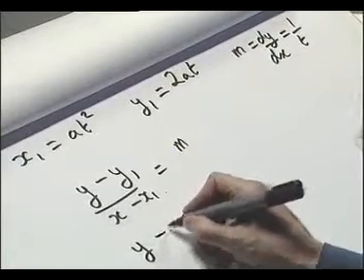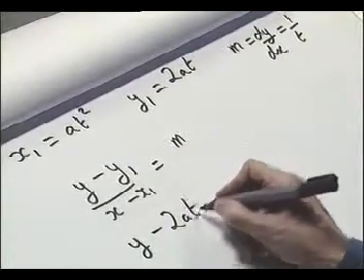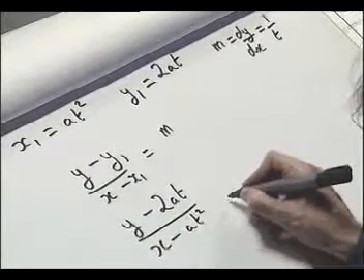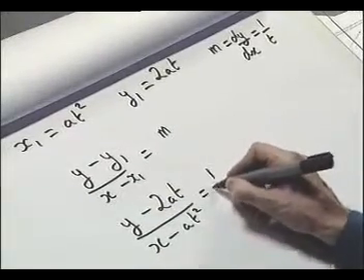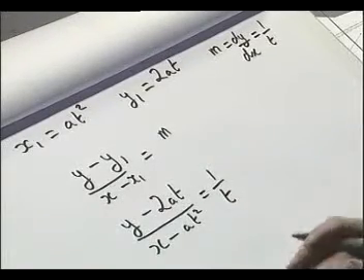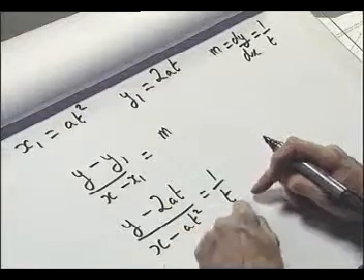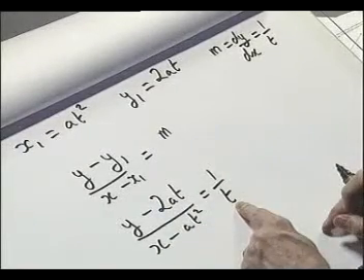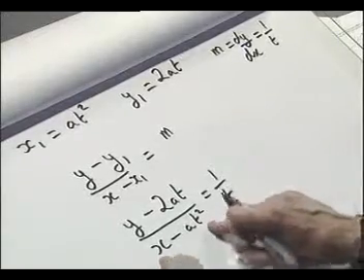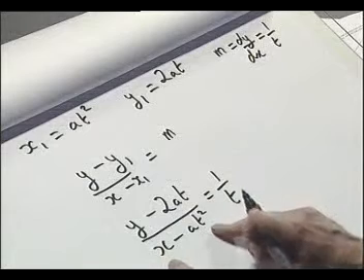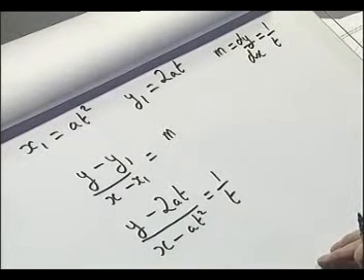So we have (y − 2at)/(x − at²) equal to 1/t. Now, we need to multiply everything by t in order to get t out of the denominator here, and multiply everything by x − at² in order to get the x − at² out of the denominator.